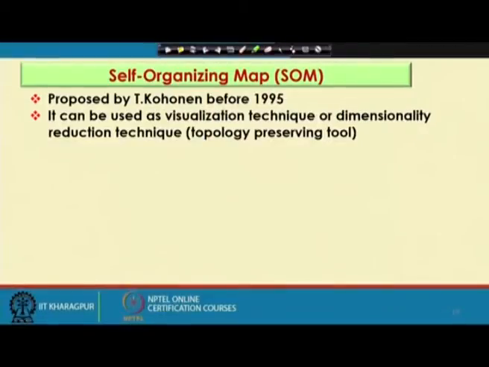But here in a topology preserving tool, not only the numerical value of the distance, but another piece of information we consider, that is nothing but the relative position of Delhi with respect to Calcutta. So, Delhi is towards north with respect to Calcutta. That information is also kept intact in this type of mapping, and that is why this is known as a topology preserving tool.